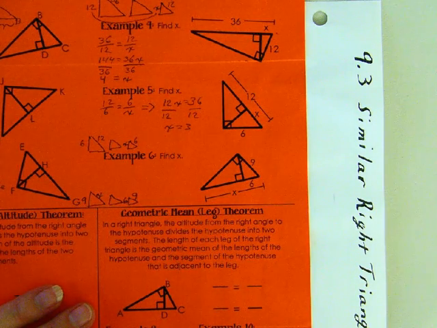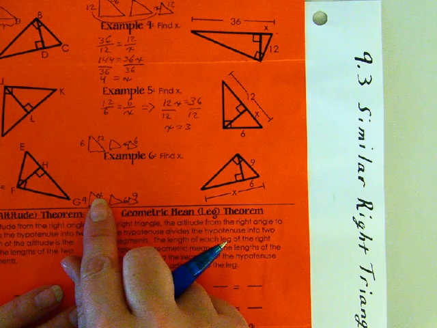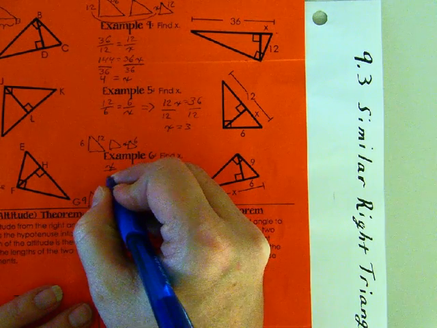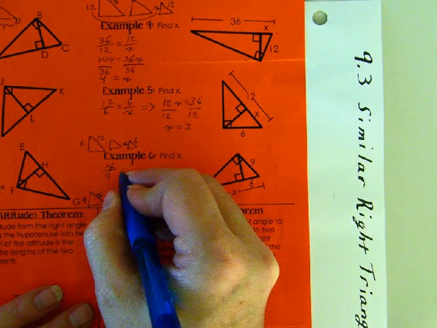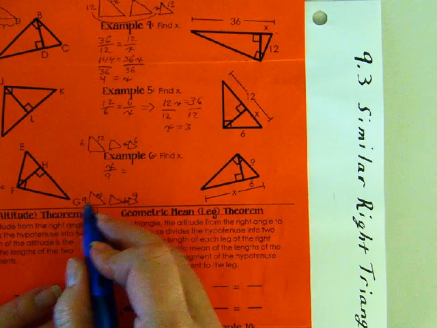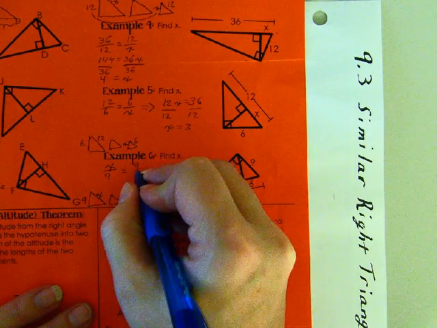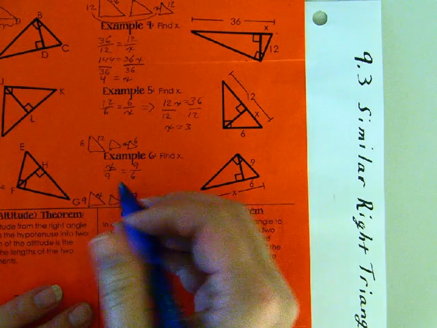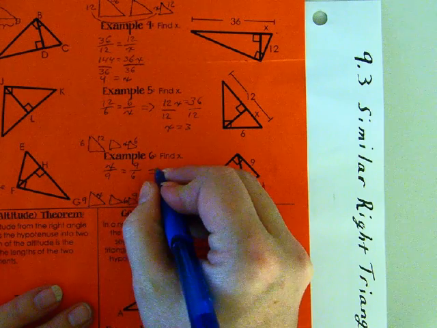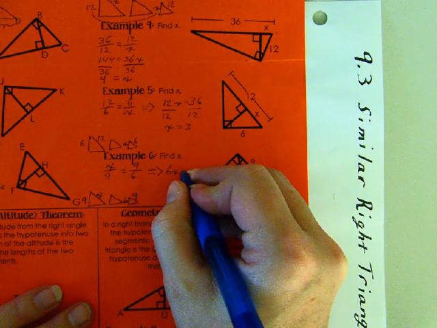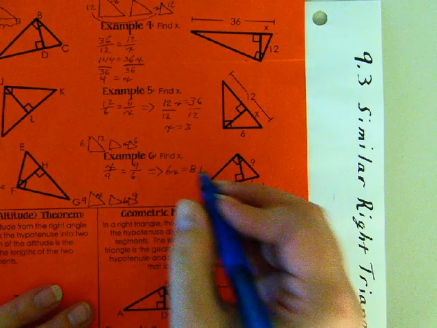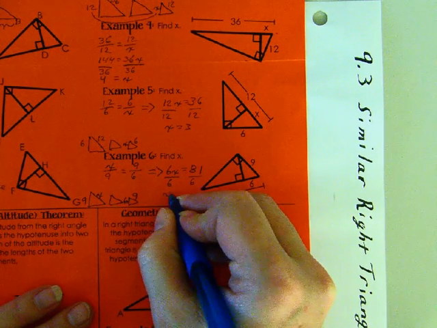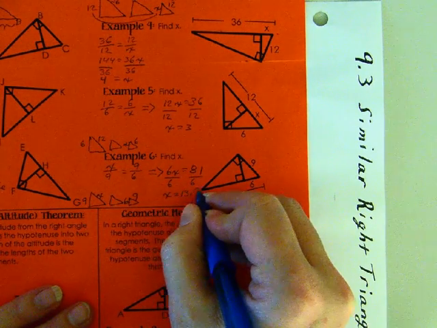So now that I have those set up, I'm going to go x to 9, hypotenuse over hypotenuse, and then 9 to 6, short leg to short leg. Cross multiply, I get 6x equals 81. Then I divide by 6 on both sides, and I get x equals 13.5.